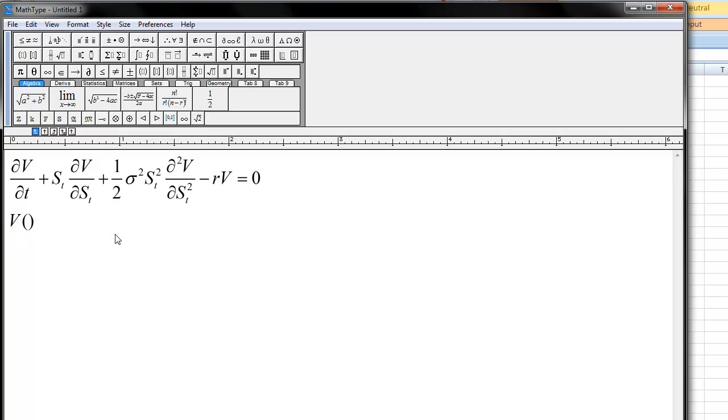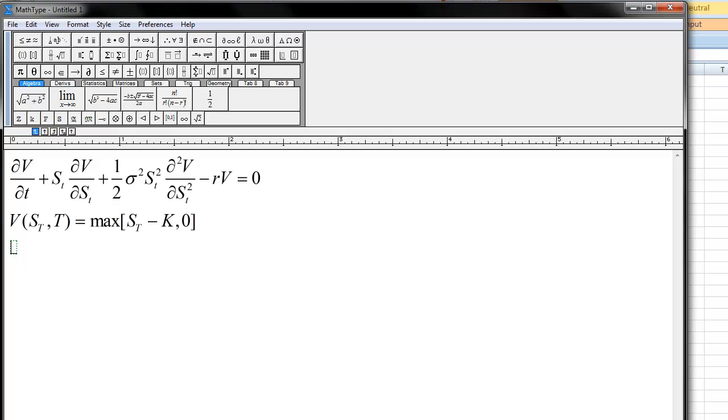So I'll say that V at the maturity of the option equals max of S_T minus K and 0. This is the payoff of the call option. And there are 2 more boundary conditions.